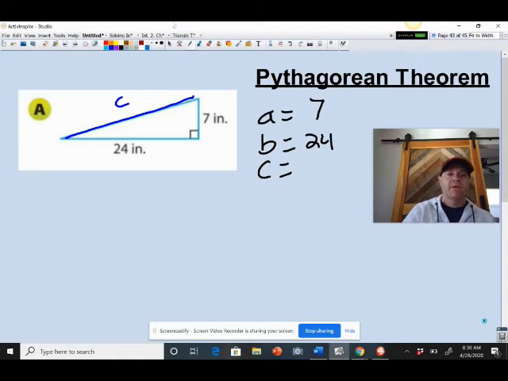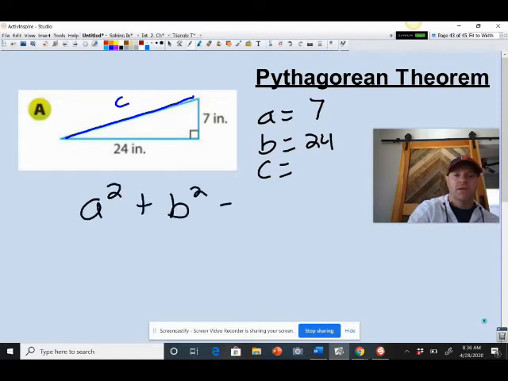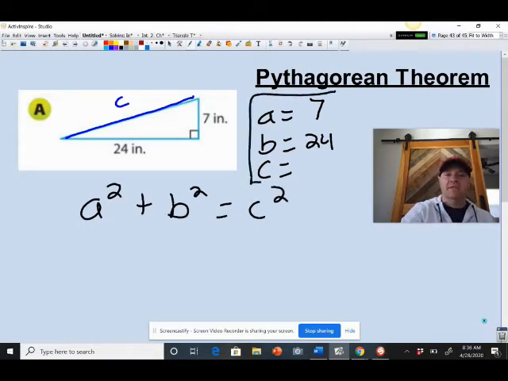So now this simply becomes what I like to call a plug and chug problem. I've got A squared plus B squared equals C squared. Because I've already written my A, B, and C up here, it's simple to take these numbers and plug them into the formula down here. If you don't do this, you're going to start guessing and randomly putting things where you think they belong, and they have to go in specific spots.